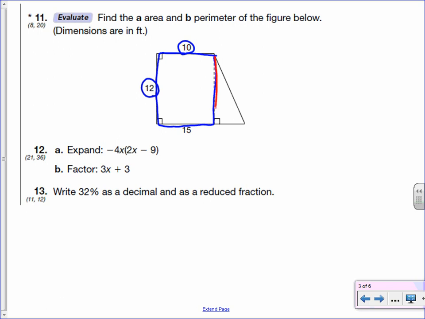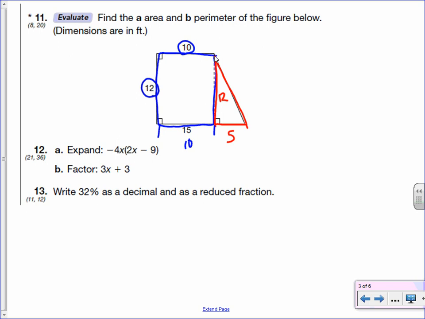The other shape that we're going to use is this triangle. Since the blue length here is 10 and the entire width across is 15, the red length must be 5. And the height of that triangle is 12, since it has the same height as the rectangle.